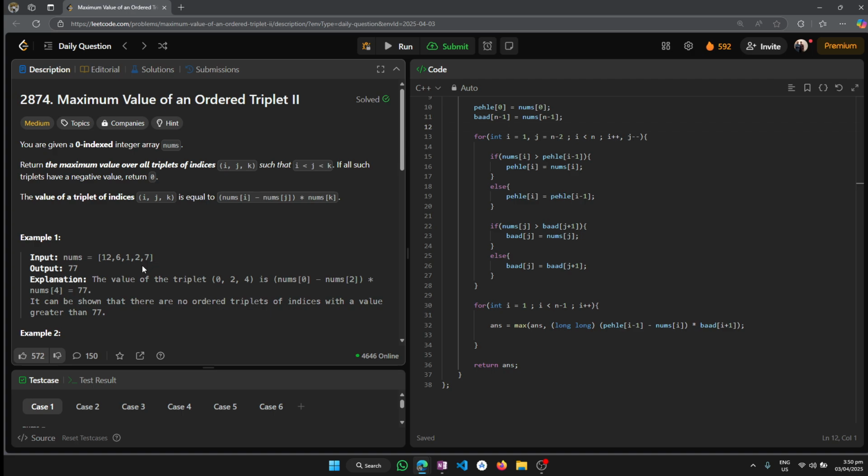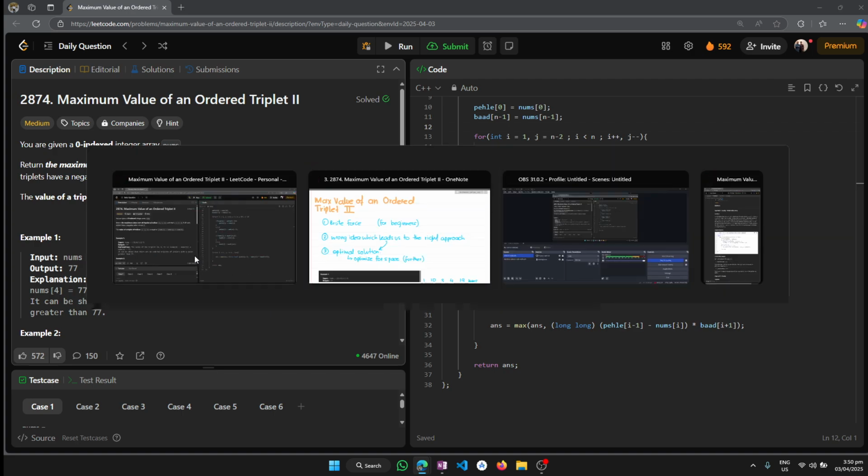So that's a much better result. The maximum, however, will be when I choose indices 0, 2 and 4. So 12 minus 1 is 11, nums[i] minus nums[j] is 11, into 7. So 11 into 7 is the overall highest answer, and you cannot do any better than that.